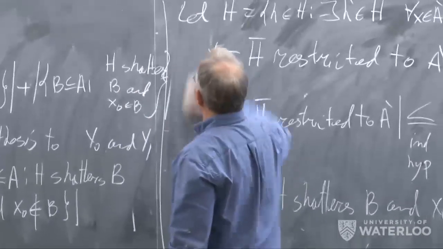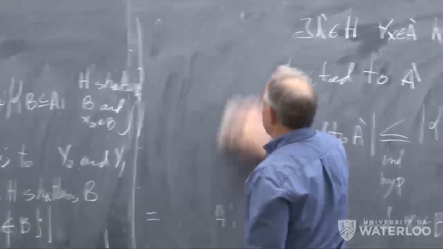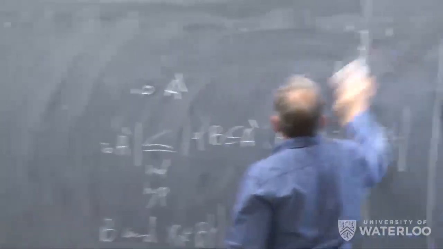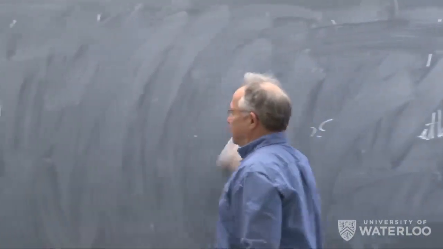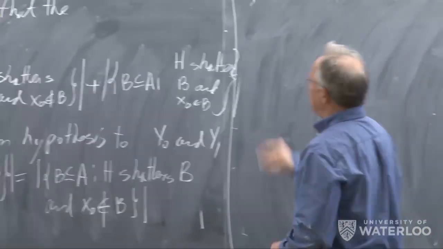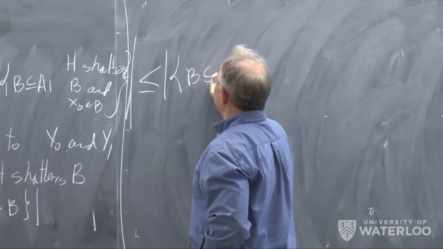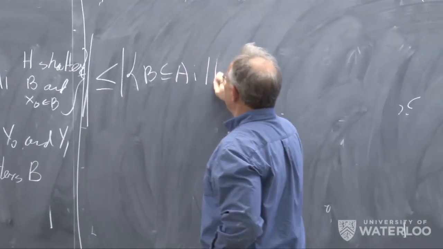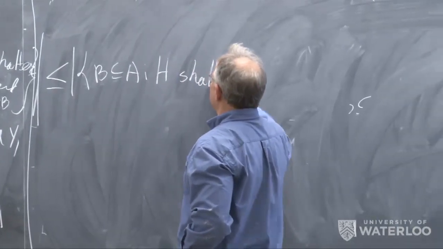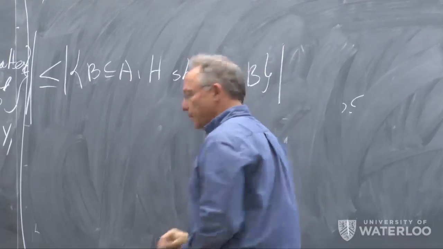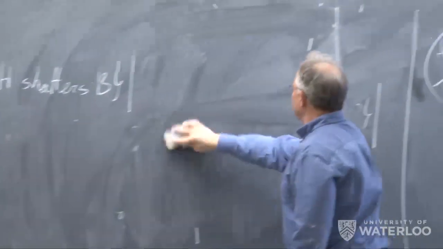So in conclusion, this is exactly all the shattered sets. So what I have here is at most the set of all B subsets of A such that H shatters B, which is what the claim was arguing.